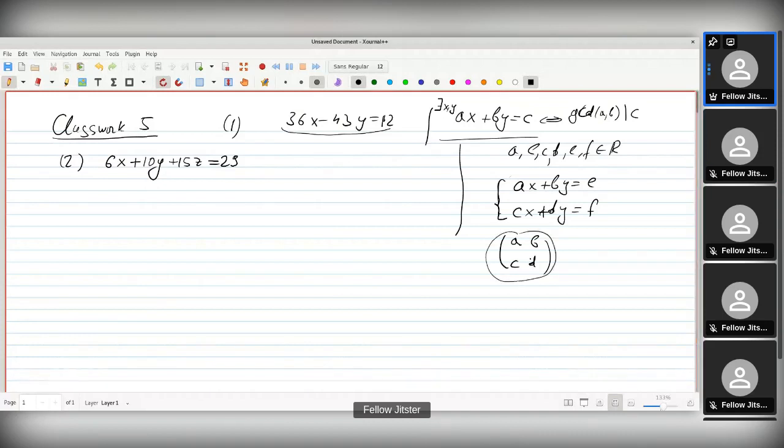Given its determinant is non-zero. It depends on E and F too, doesn't it?